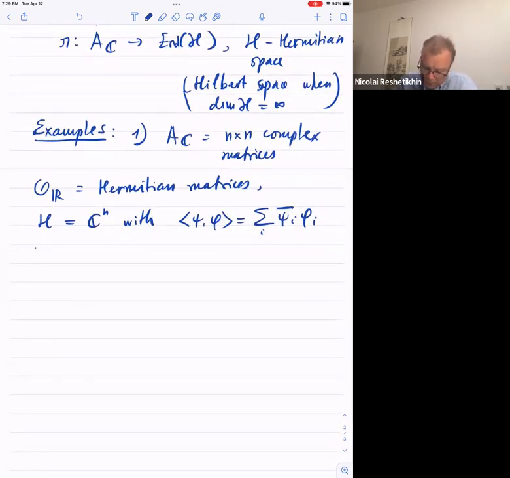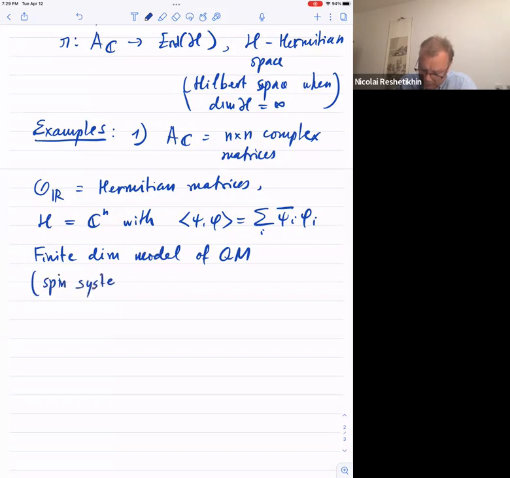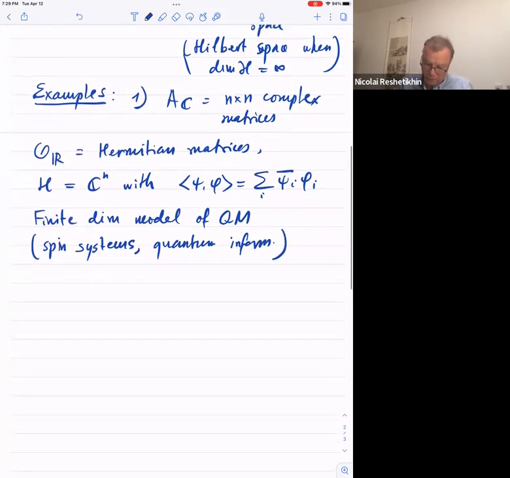So this is a finite dimensional model of quantum mechanics. If you study spin systems or quantum computing, quantum information, very frequently these are finite dimensional spaces, finite dimensional matrix algebras, and this is the basic thing that you need.